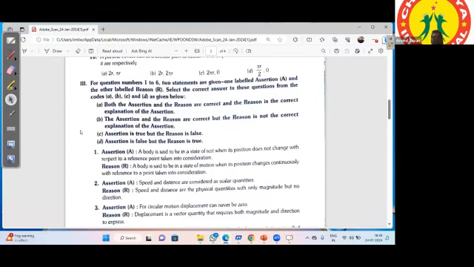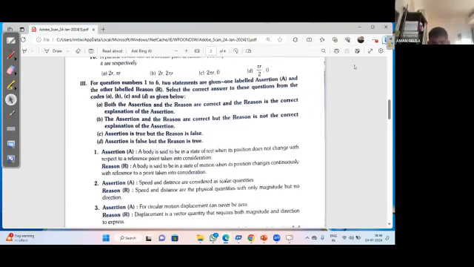So see the first one. A body is said to be in a state of rest when its position does not change with respect to the reference point taken into consideration. So first of all, tell, who will tell? Aman, are you there? Yes, sir.